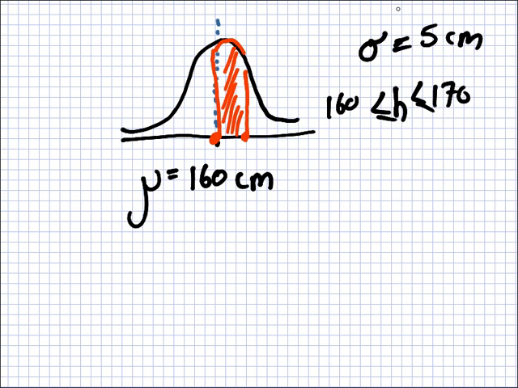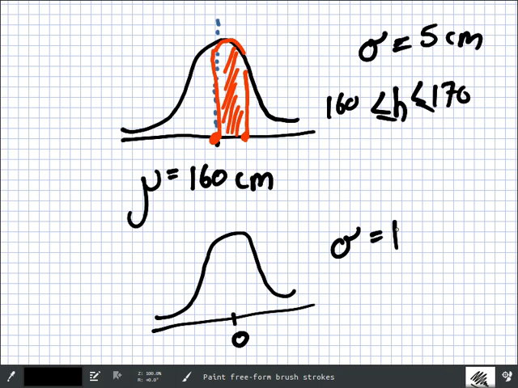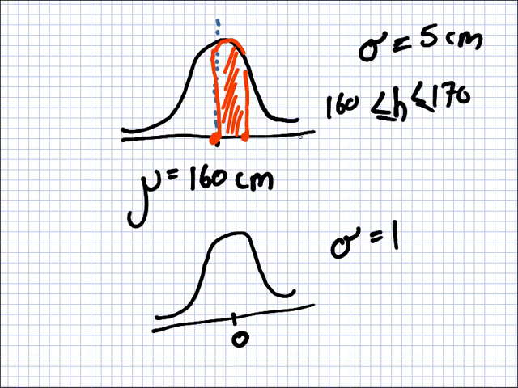Now, the problem here is you don't have a table in your formula book for every possible situation, right? The table you have in the formula book is exactly for this situation, where you have an average of 0 and a standard deviation of 1. That's the one in your table book, okay?